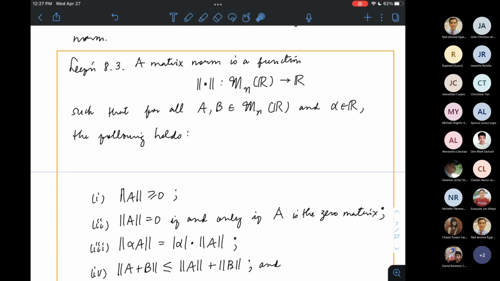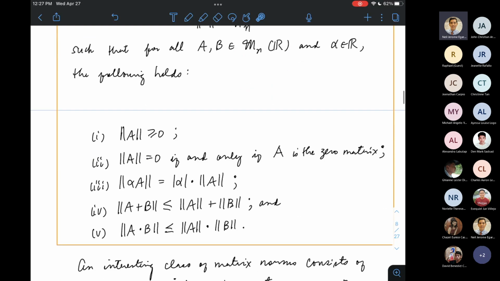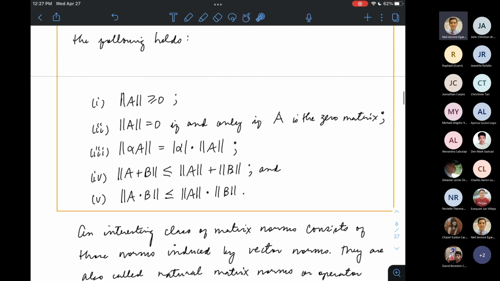Right? Now, we define a matrix norm here in Definition 8.3. So it's just a function from the set of all n by n matrices papunta kay R satisfying the following conditions. But you will notice that the first four properties here are exact replicas nung properties na meron ang vector norms.